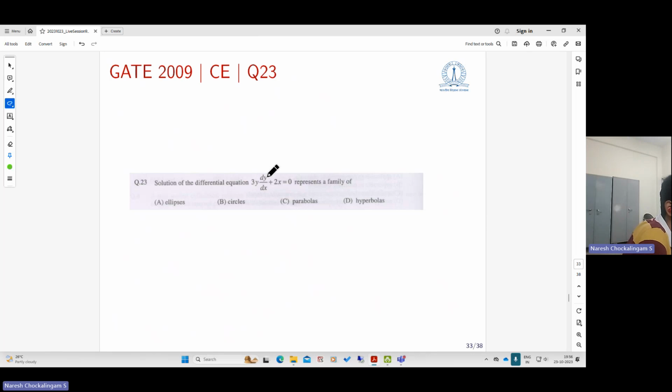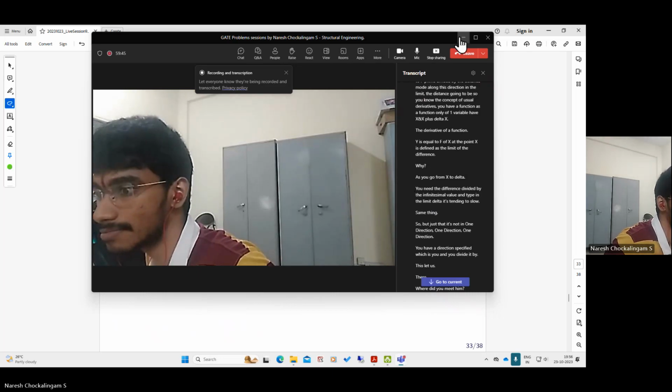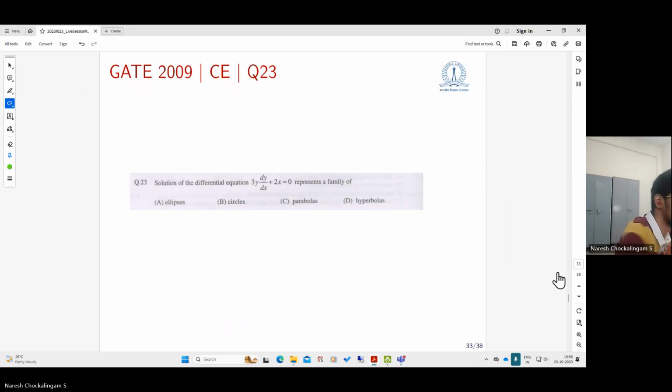Now, looking at this equation, is it a linear or a non-linear equation? Can you make a quick guess? So this is an ODE, but it is a non-linear ODE. Why is it non-linear? Because you have this term, which is a product of the unknown and the derivative of the unknown.